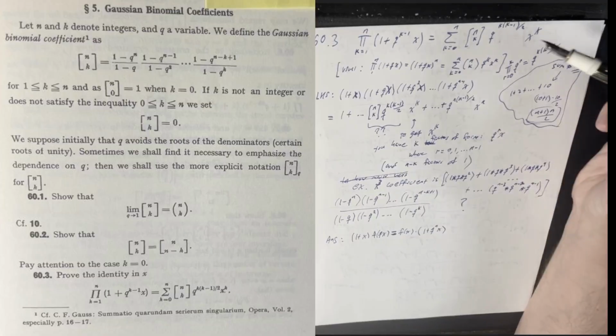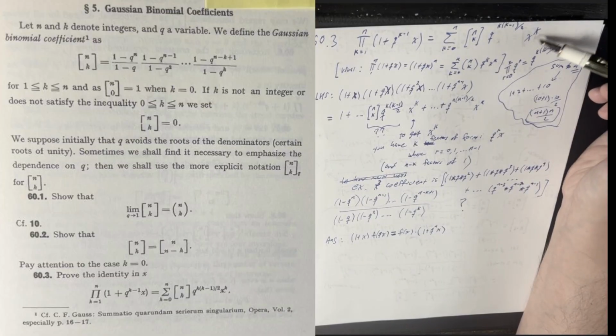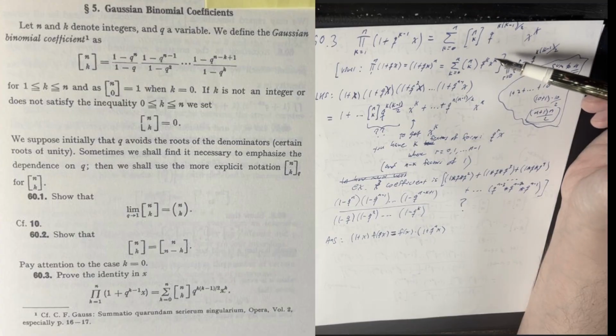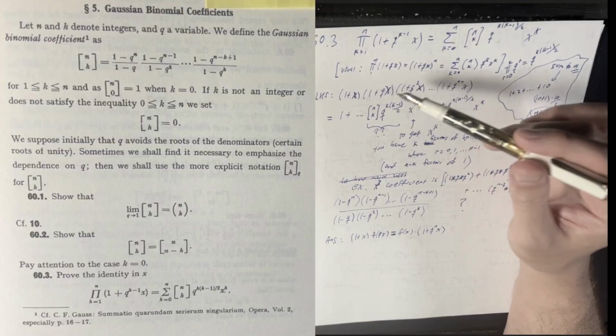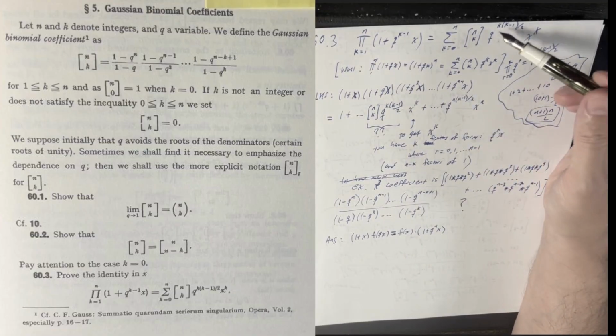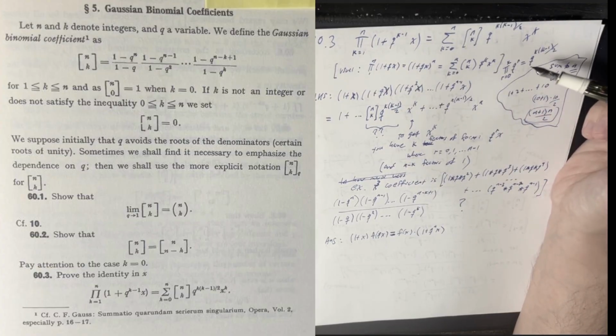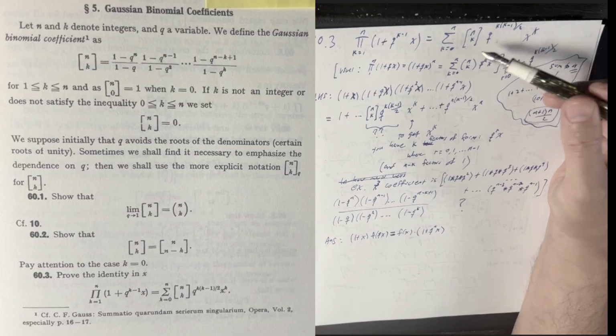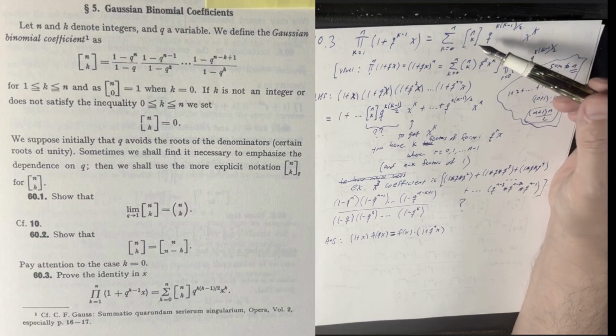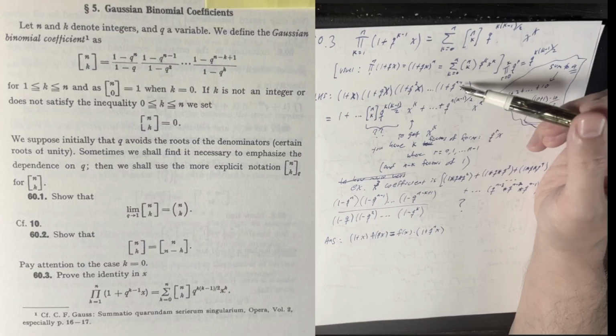So it's clear for x, if k is 1, you are going to get just this coefficient. That I can see. And by symmetry, it must be the same for n minus 1.